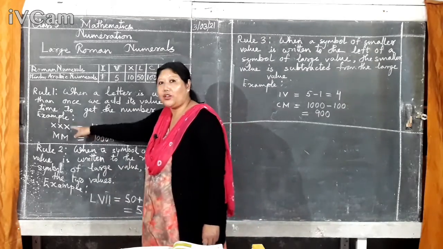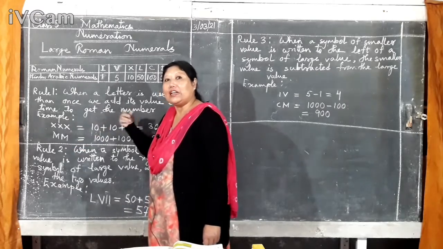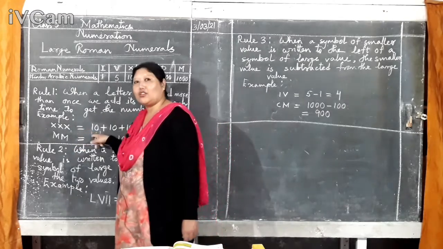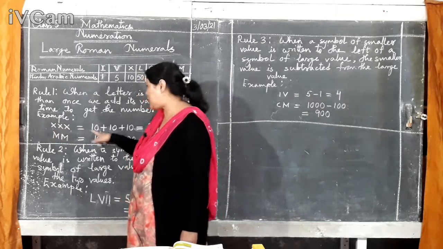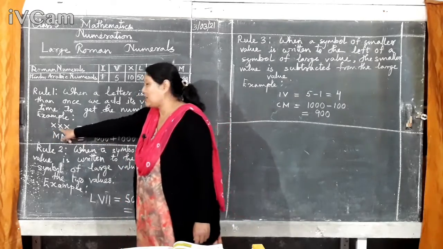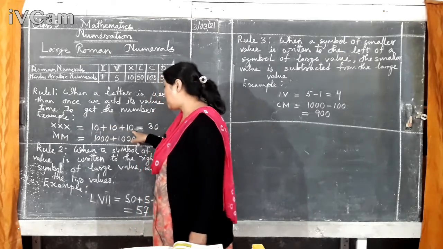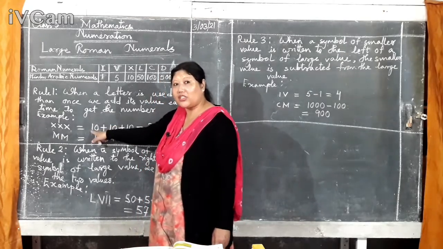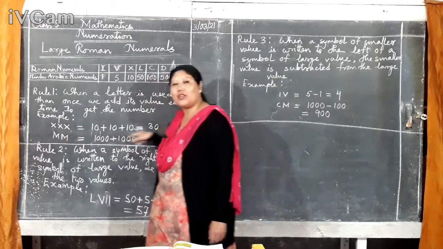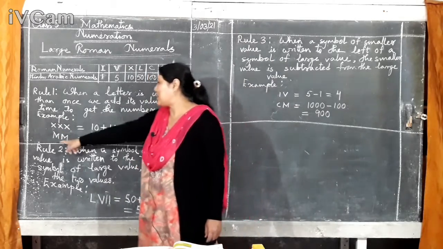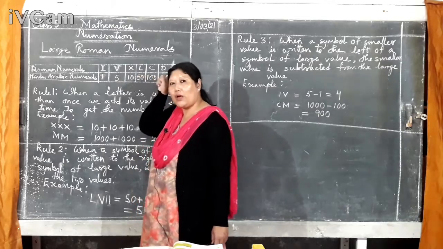Depending on how many times you repeat, you will add. Here you can see X means 10, so X plus X means 10 plus 10. So 3 times you have repeated, so it will be 30. 3 times 10 means 30. Just like that, M we did here is 1000.